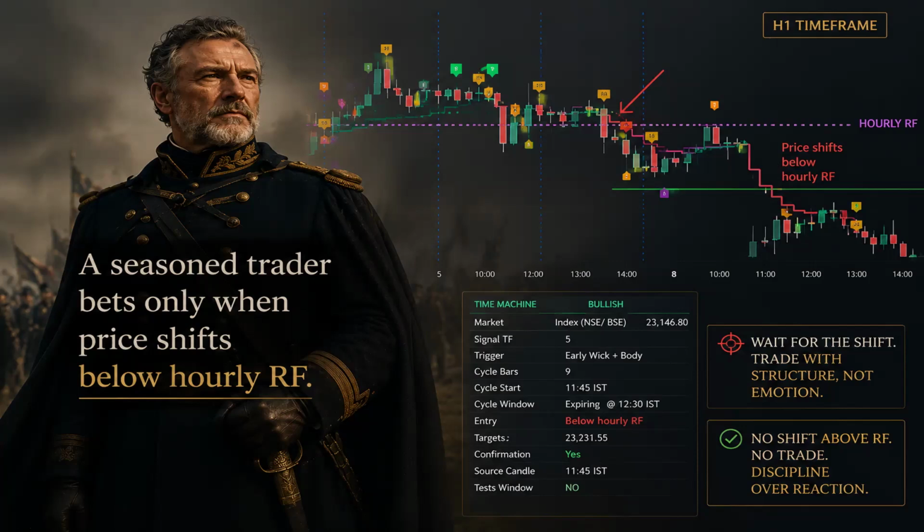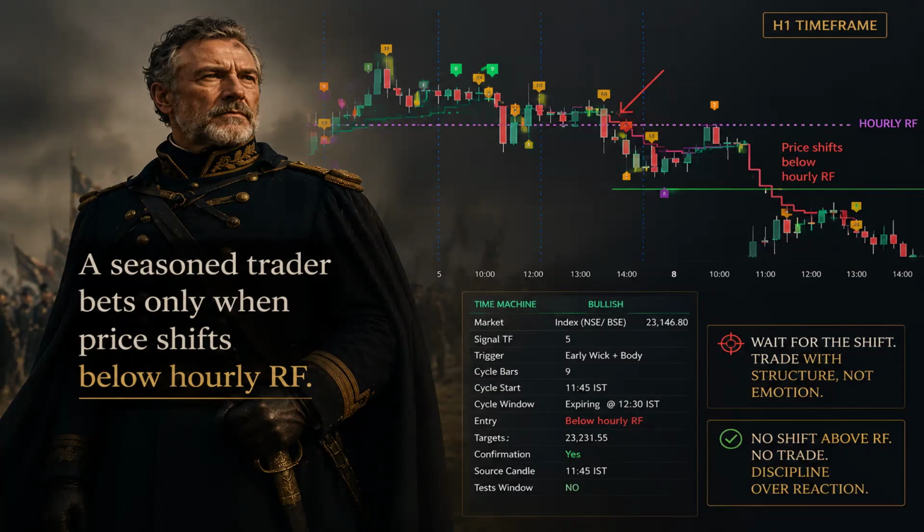A seasoned, professional trader, if you are an option buyer, a put option buyer or a call option buyer, you wait for the alignment. But during the intraday time frame, everything will not align. To take care of that, my Tesla time machine will come, and the internal range filter will act as a filter for your scalping trade. You can do scalping trades within the hourly range filter.